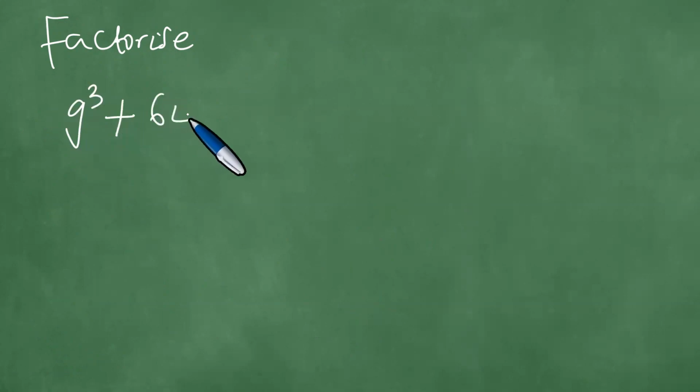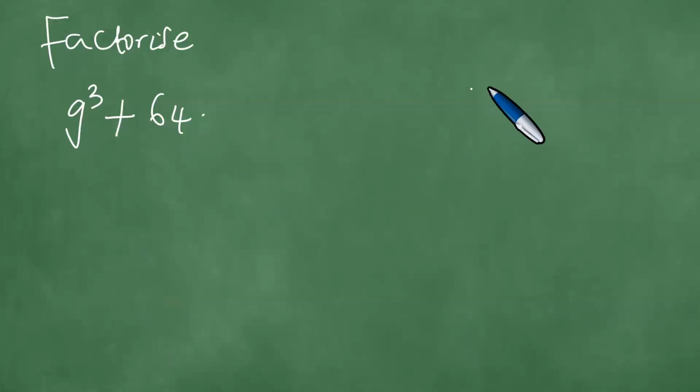Factorize. All right. G cubed plus 64. What is the first step here? G cubed plus 64. What is the first step, Leander? Finding the cube root of 64.